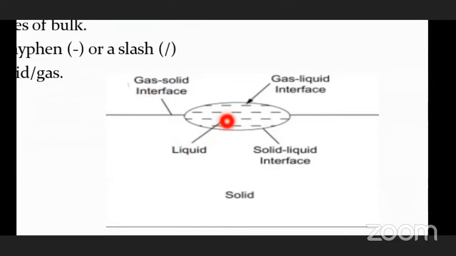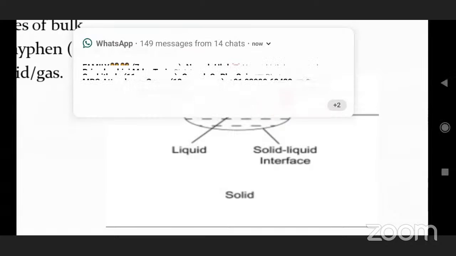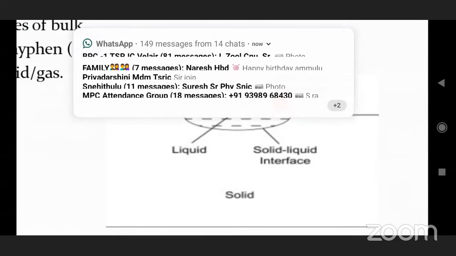Similarly, the liquid interacts with the gas, therefore it is called the gas-liquid interface.